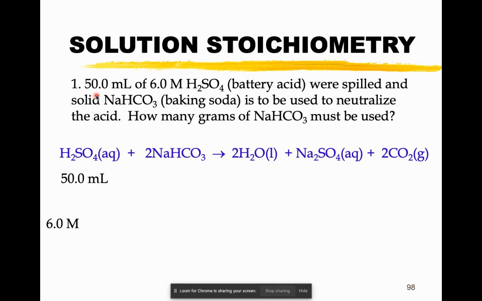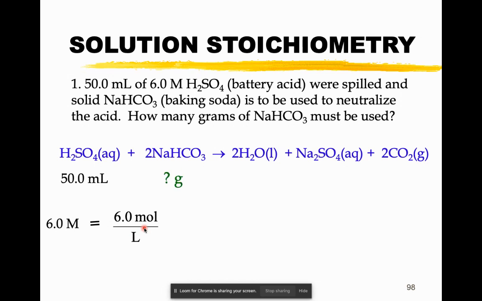Take note that 6.0 molar can be written as 6.0 moles sulfuric acid per liter of solution. Always remember that if we have the volume and the concentration of a solution, we can get the number of moles using this relationship. All we need to do is convert liters to mL, so that we end up with the number of moles of sulfuric acid.